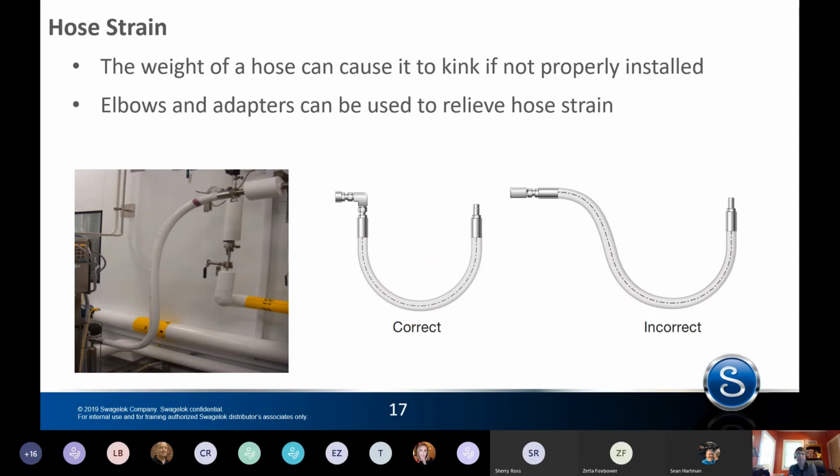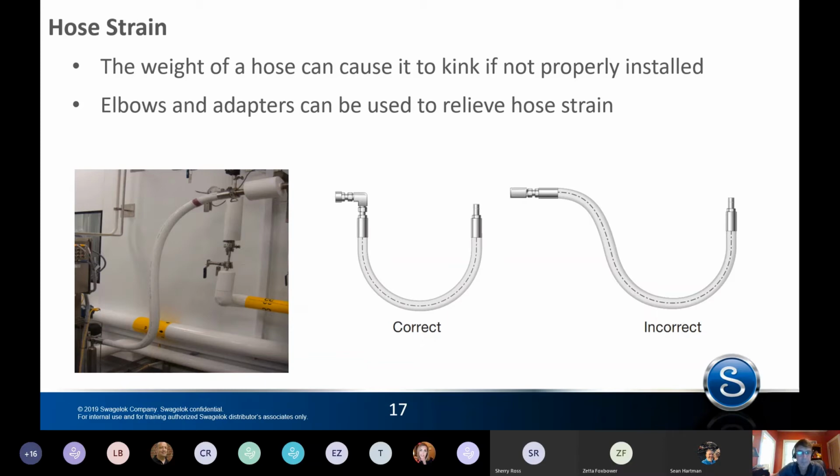This type of force is even exacerbated when it's liquid. If this is a liquid flowing through here, the weight of the liquid will also pull down the hose, making it fail much faster than you would expect. And the cost of an elbow is very, very minor compared to the constant replacement of this hose.